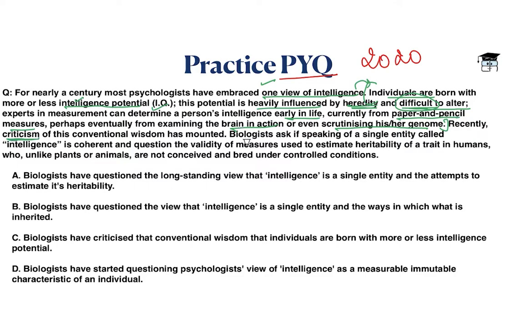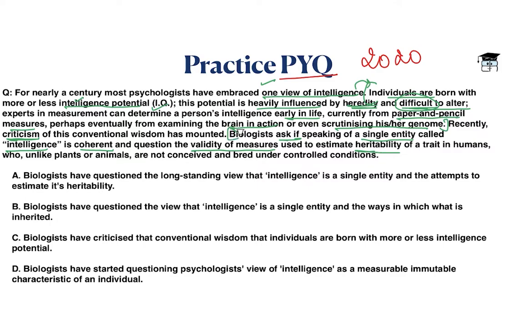Okay, let's read further. Biologists ask, this is the criticism, if speaking of a single entity called intelligence is coherent and question the validity of measures used to estimate heritability of a trait in humans who, unlike plants or animals, are not conceived and bred under controlled conditions.